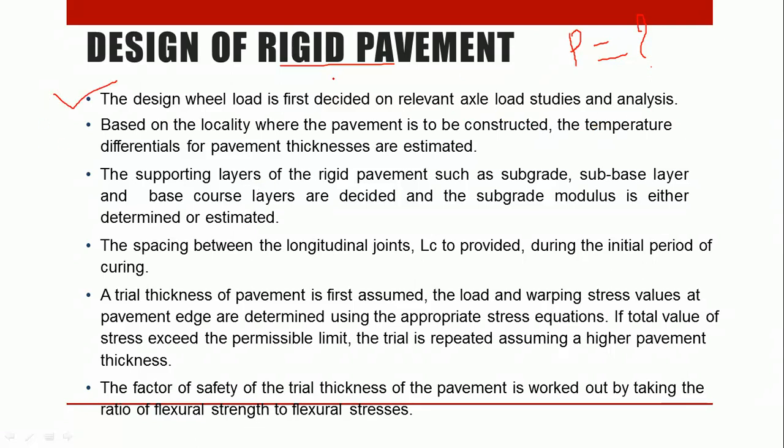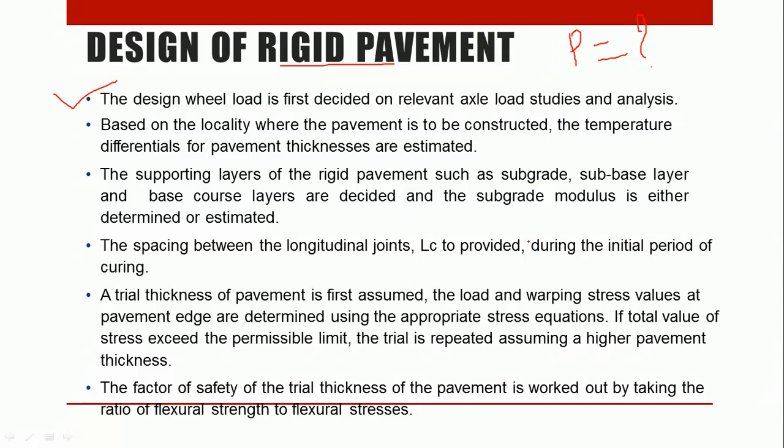After deciding the design wheel load, the next thing is we need to decide which area we are constructing the pavement in, what the weather condition is, and what the temperature variation is. The warping stress is developed because of the variation in temperature only.